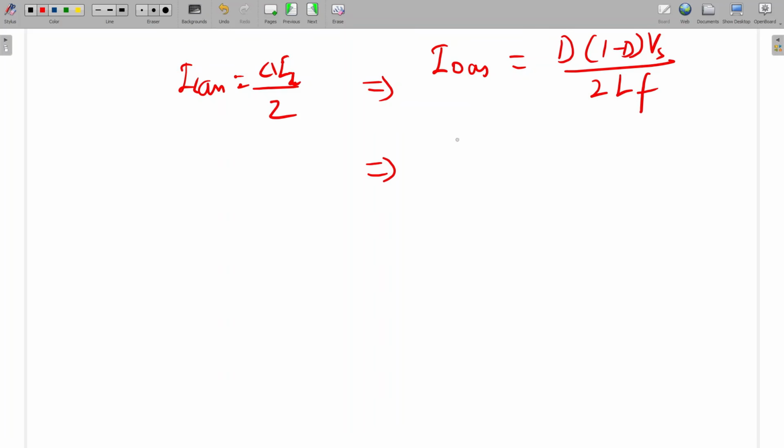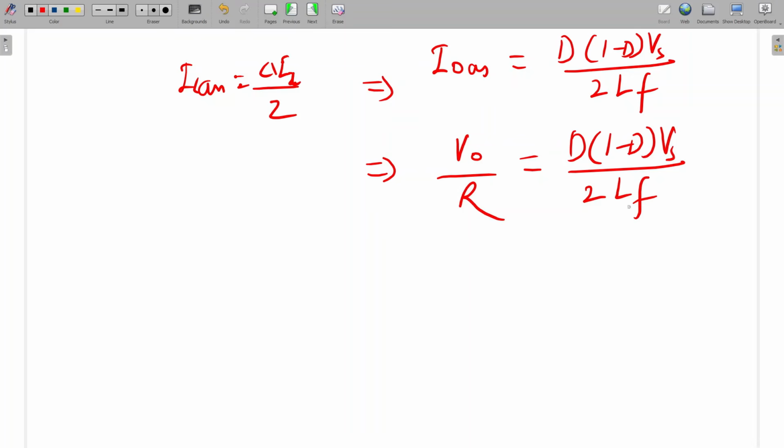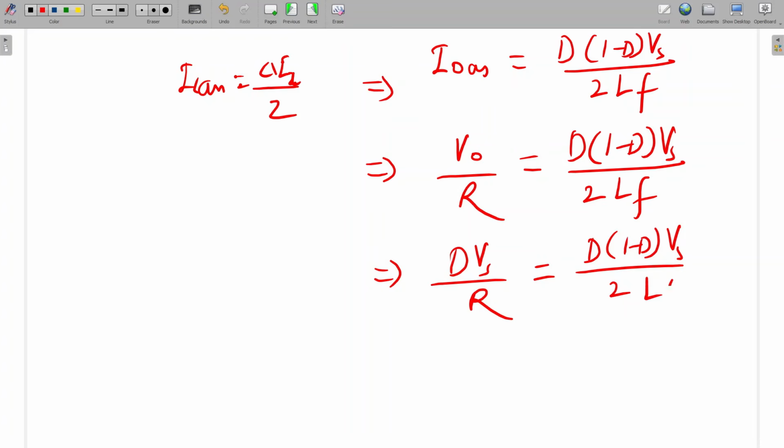This we can write as V naught by R equal to D into 1 minus D Vs divided by 2LF, and V naught will be D Vs, so D Vs by R equal to D into 1 minus D Vs by 2LF.